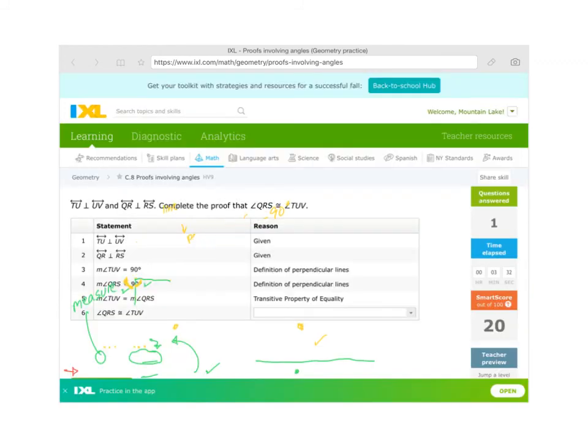Okay, let's check another one. So you've got to read what is given to you and what we can utilize. Okay, so TQ is perpendicular to UV, so that's given, right? And QR is perpendicular to RS, even that's given. And then complete the proof of QRS to be congruent to TUV.